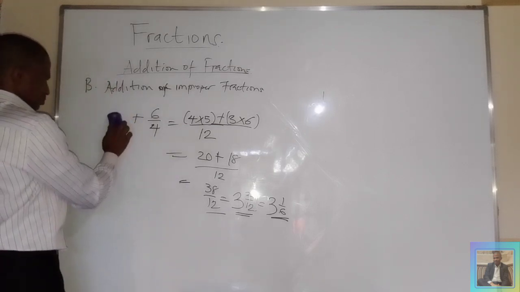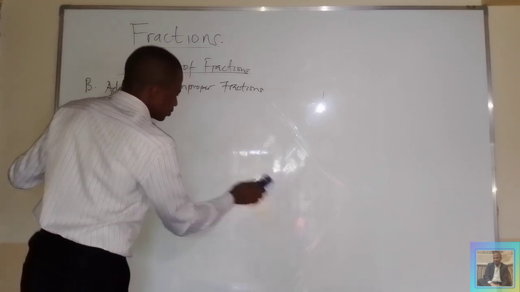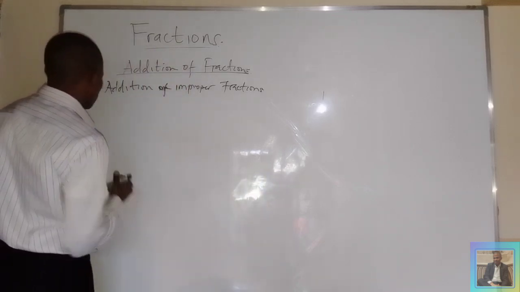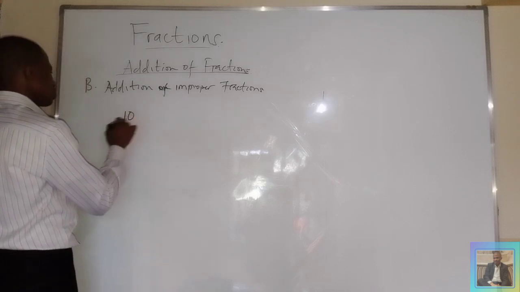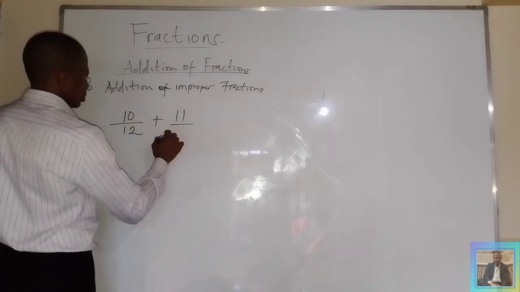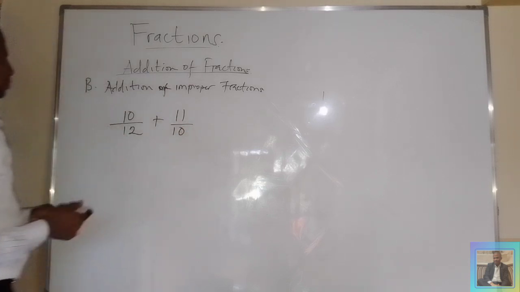Let's look at another addition of improper fraction. Let's look at 2 digits. Look at something like this.